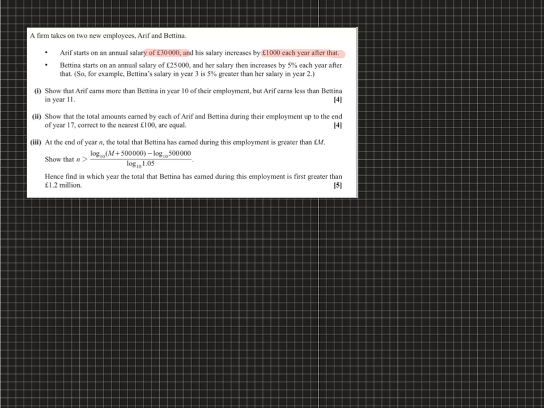So hopefully straight away you can see that Arif is working with an arithmetic progression salary. First term a, £30,000, and common difference d, £1,000 after that. Now, Bettina starts on an annual salary of £25,000 and her salary then increases by 5% each year after that.